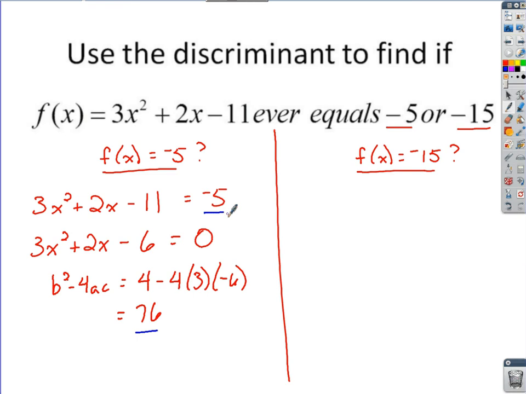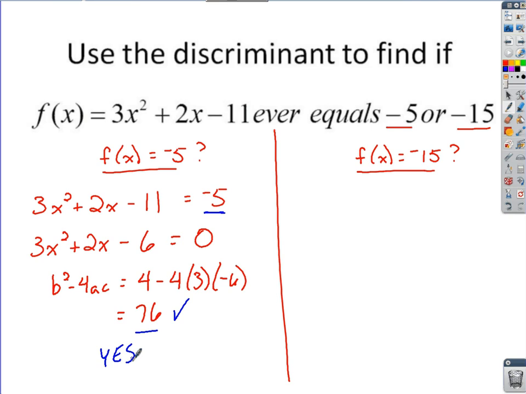All right, as long as this is positive, then it's possible we could get negative 5 back. So, will the value of the function ever equal negative 5? Yes, it's possible.